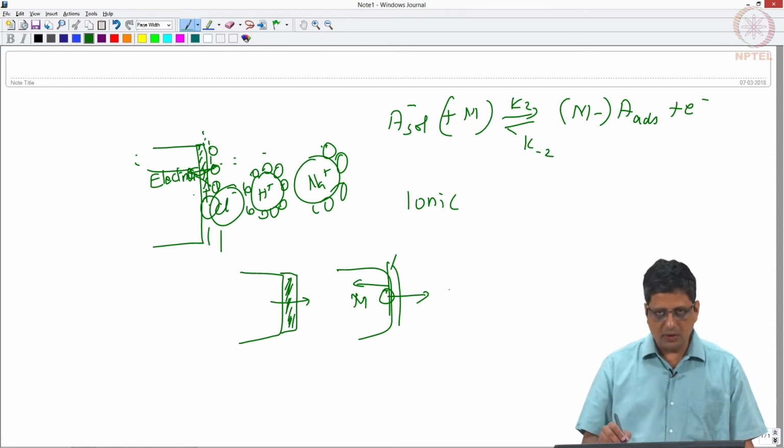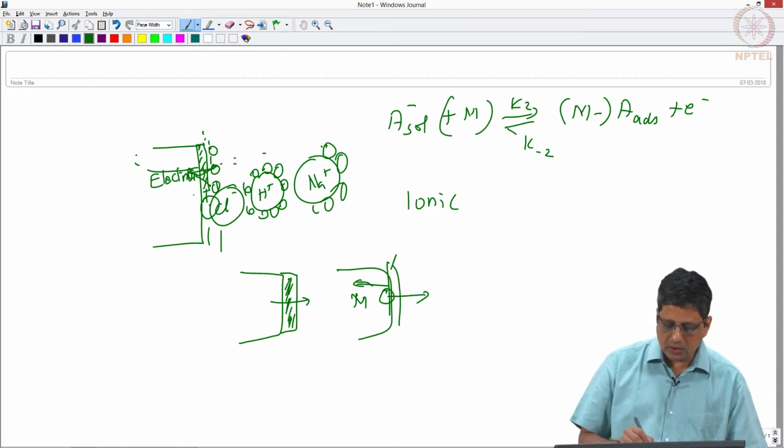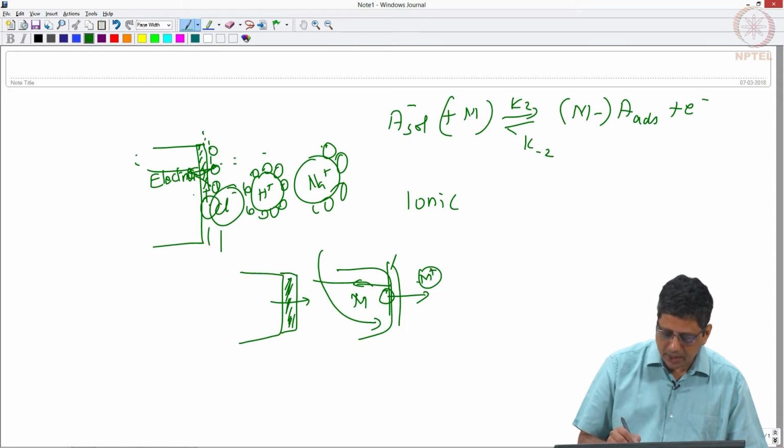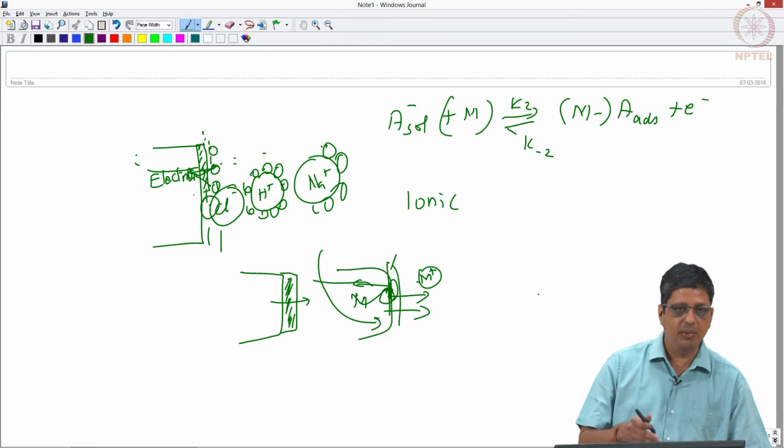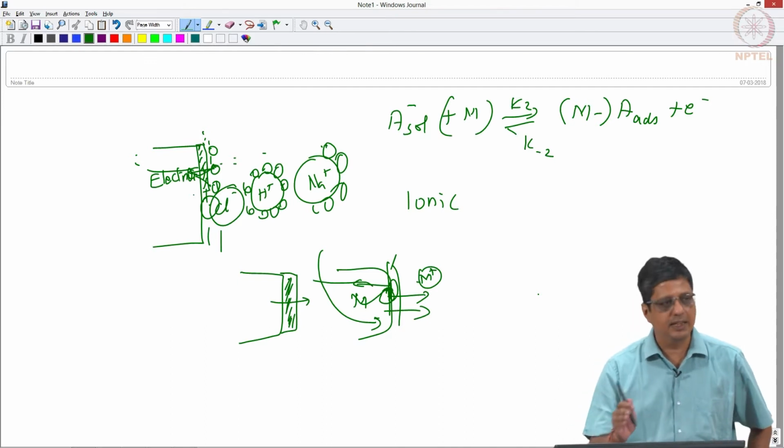So, it is the ion that goes here, electron goes into this, or electron can come from here, M plus ion can come and adsorb on the surface, and then the electron can neutralize it and form a metal. So, independent electron does not move from metal into the solution or from the solution into the metal. Independent electron is not really present in the solution.